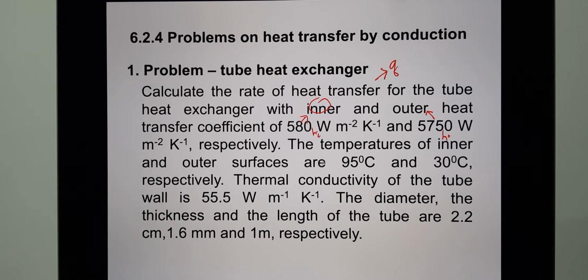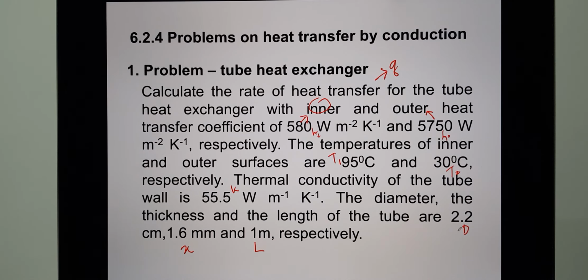The temperature of inner and outer surfaces: inner T1 is 95 degrees Celsius and outer T2 is 30 degrees Celsius. Thermal conductivity is given, this is the value for K. The diameter is 2.2 cm, so this is D, and then thickness is X, and the length is 1 meter.